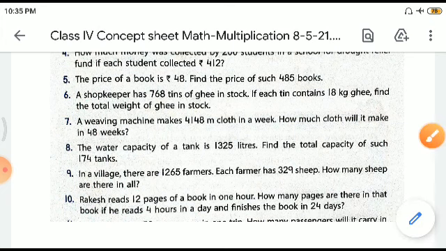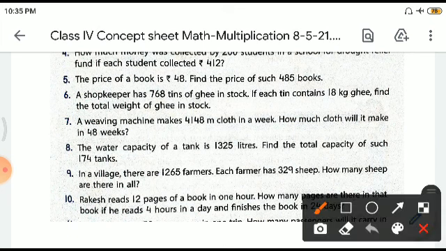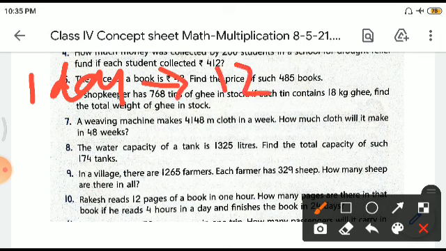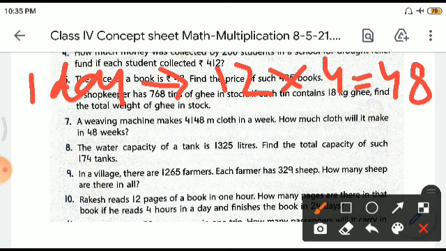Then if he finishes the book in 24 days, in 1 day how many pages is he studying? He is studying 12 into 4 pages, and that is equal to 48. So in 1 day Rakesh is reading 48 pages.